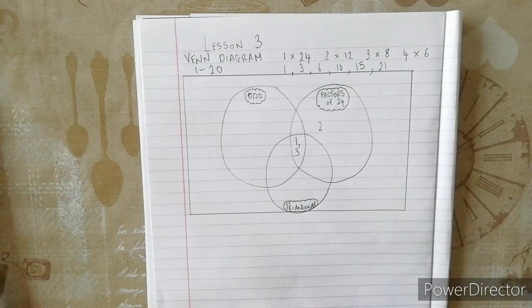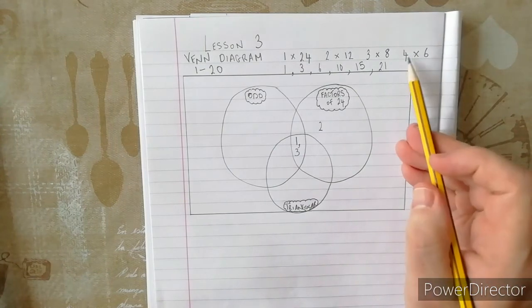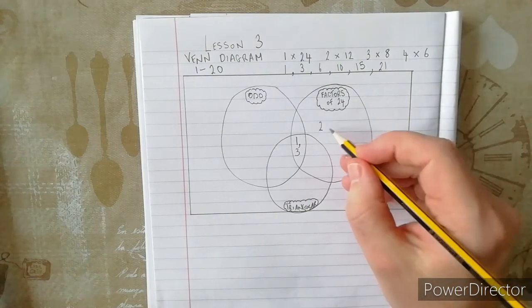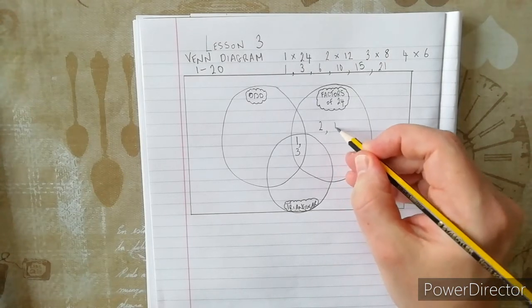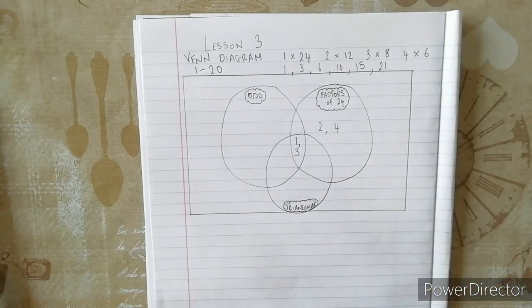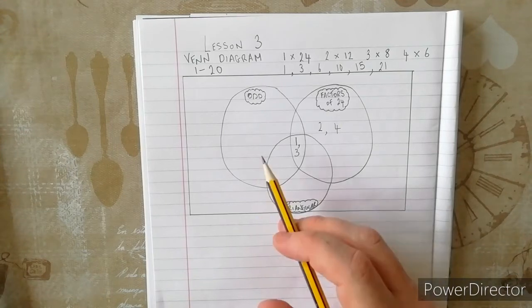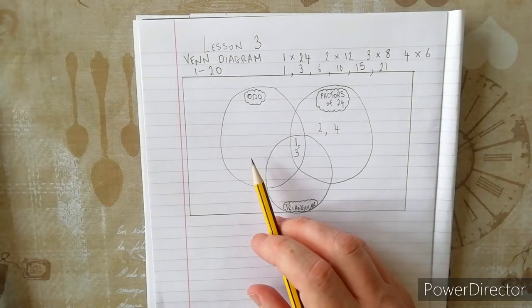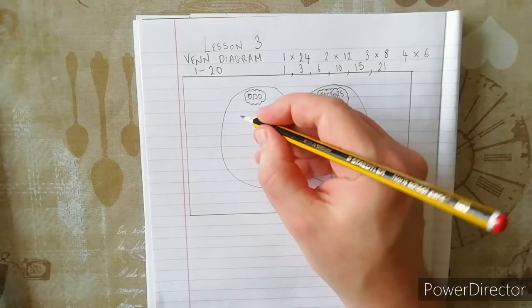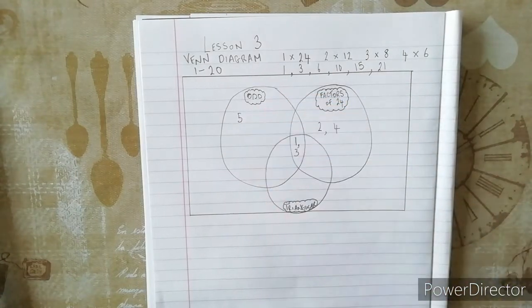4. It's a factor of 24. I think it's a good idea to split your numbers up with commas. 5. Well, it's definitely odd, isn't it? It's not in any of the other 2 circles. So 5. 6.